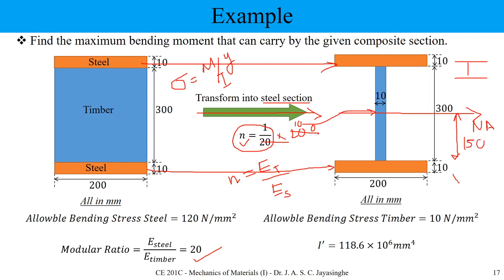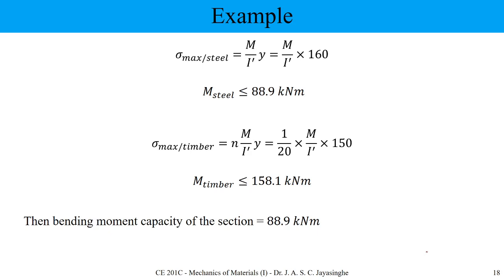Second, you need to find I dash about NA. I'm not going to explain this one, you can directly find I dash NA. I dash means the transformed section's second moment of inertia about the neutral axis. If you know those things, the other steps are straightforward. So keep in mind, I changed all my material to steel, okay?